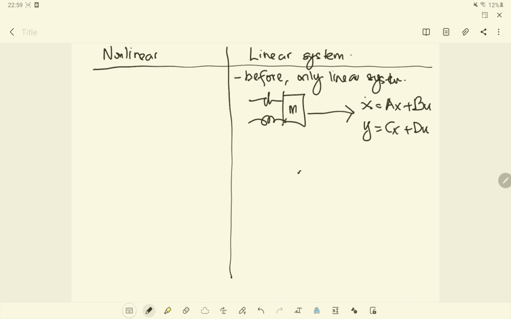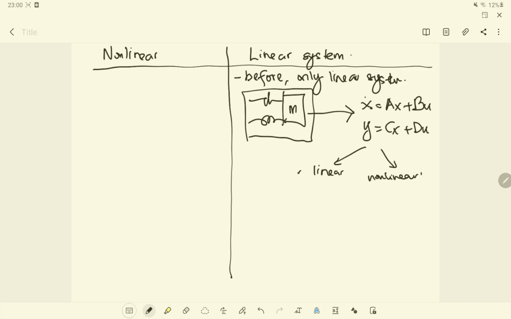So you can see that by using the modeling process, you can get the equations that represent these models or the systems. And from the equations, you can know whether the system is linear or non-linear.